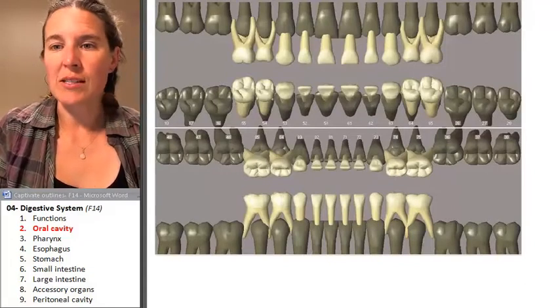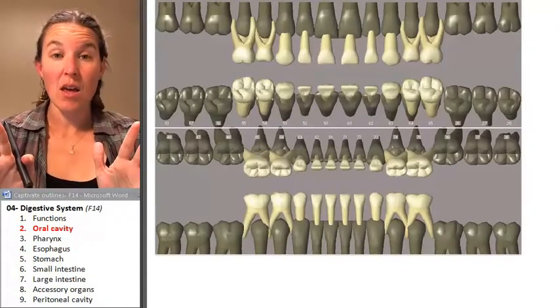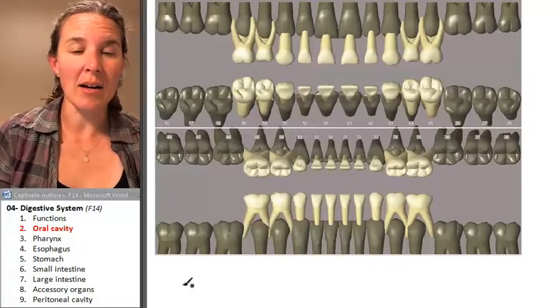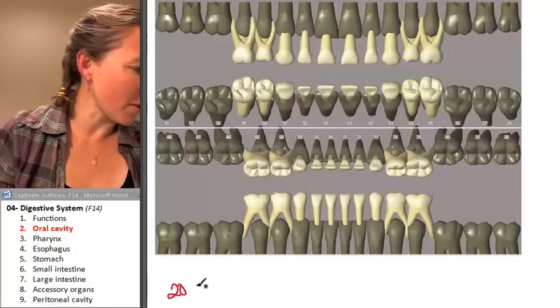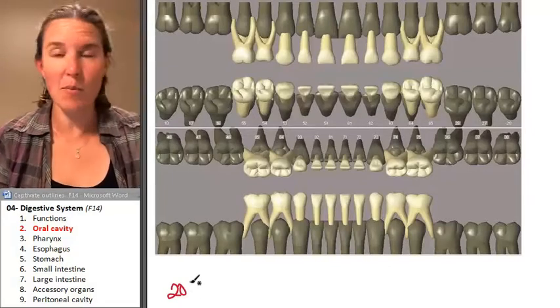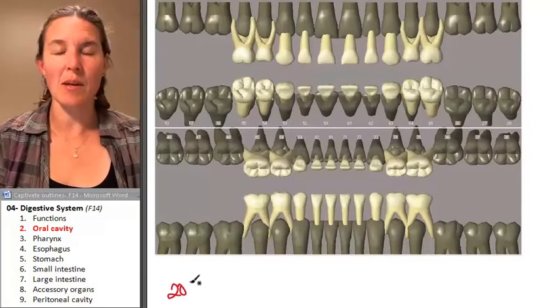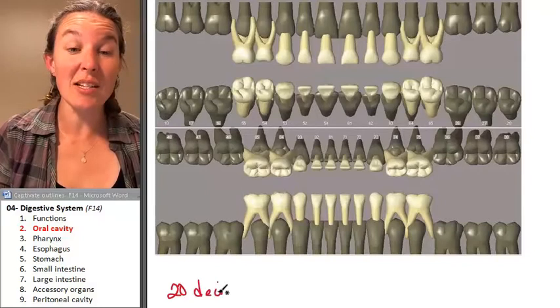So look, my friends, a baby has, what are they called? They have a name, deciduous teeth, like deciduous trees.